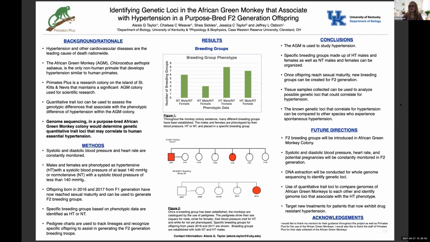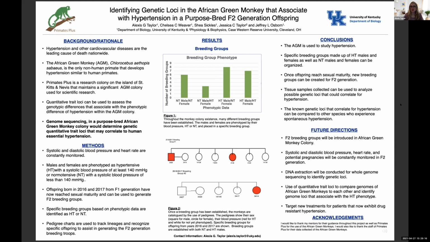Once our offspring reach sexual maturity, new breeding groups can be created for an F2 generation, which again is what I've been working on these past few months. We collect tissue samples when we go down there, so that we can analyze possible genetic loci that could correlate with hypertension. And once we can do that, we can then compare them to other species that experience spontaneous hypertension, like human primates like ourselves.